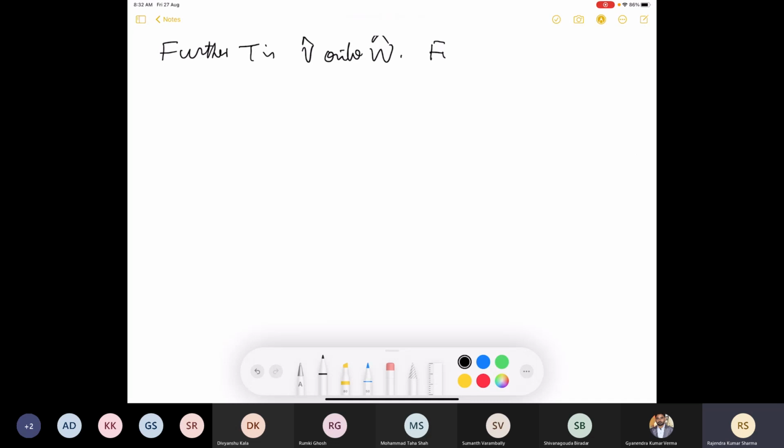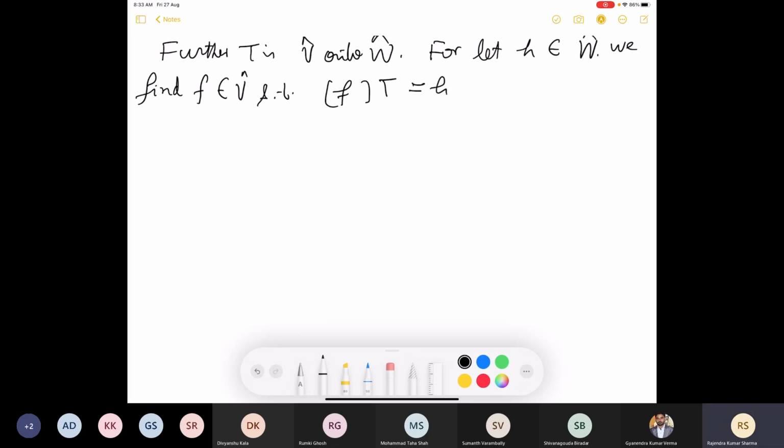For this, let us take one element, say h, in W hat, and we want to find an element f in V hat such that f under T is h.